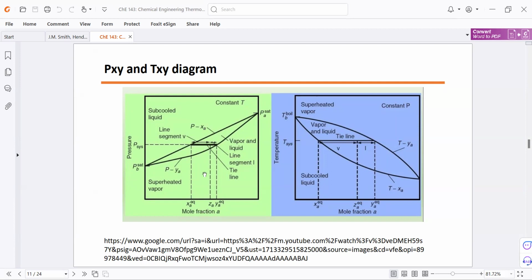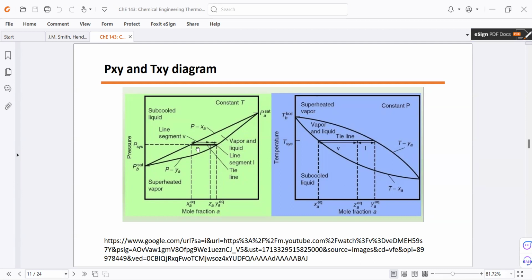Whenever our point falls inside the region of this curve, we can determine the mole fraction of species A in the liquid and the vapor phases by projecting the point horizontally towards either the liquid line or the vapor line as traced by the tie line.